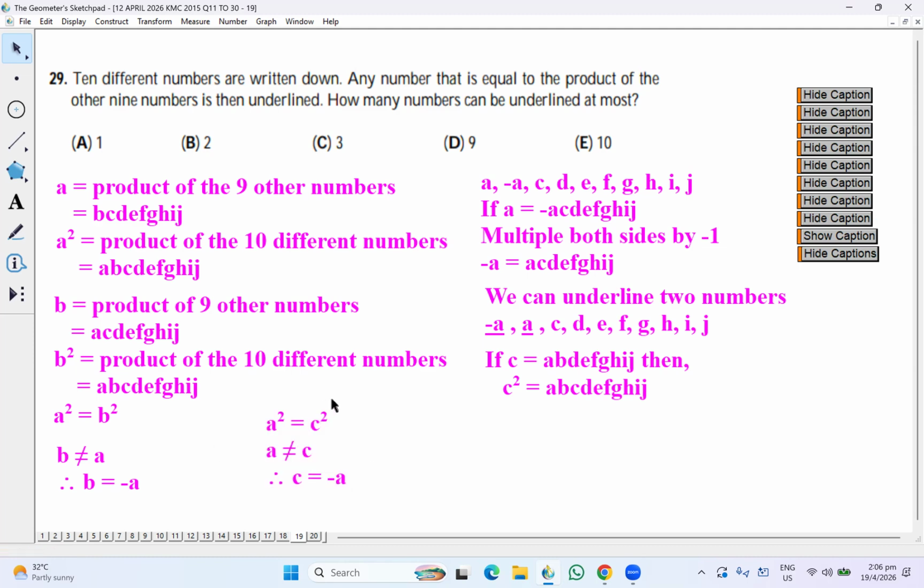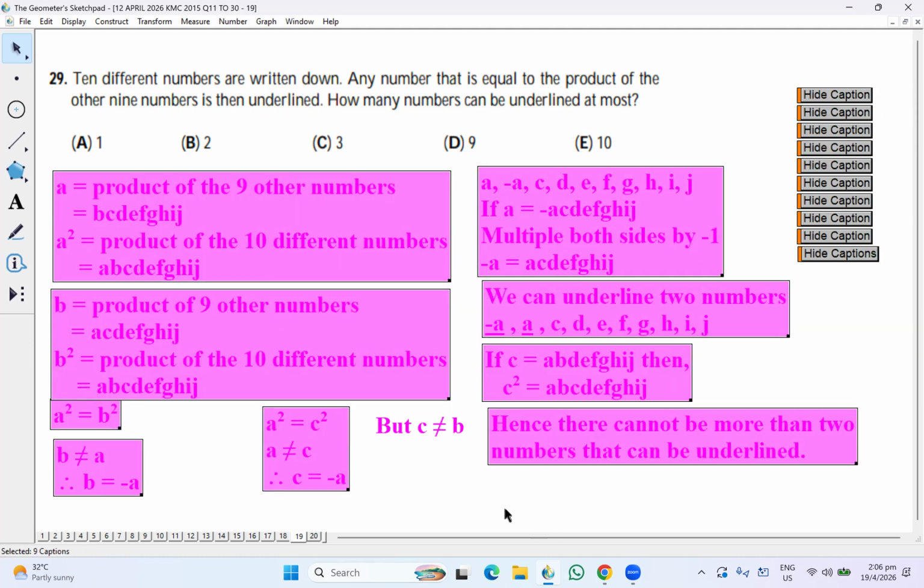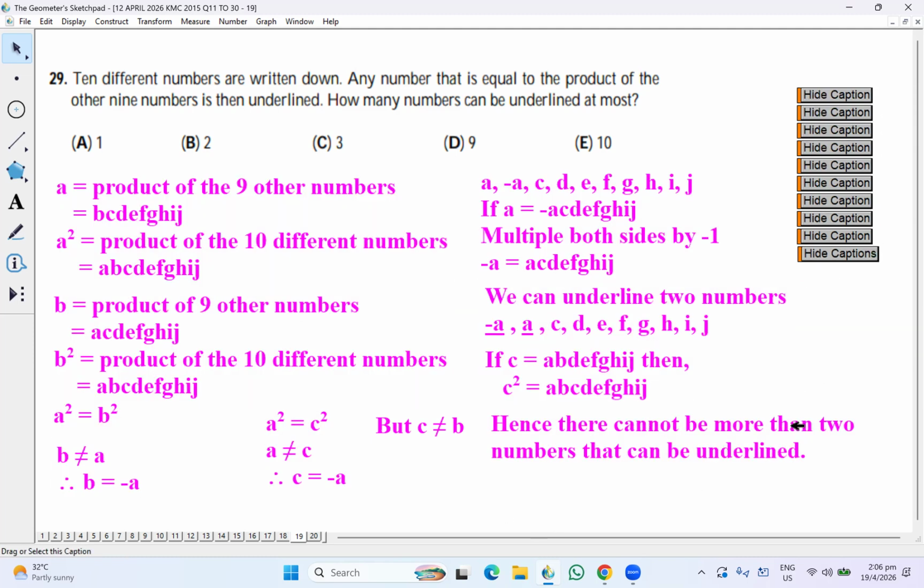The A square is C square. A is not equal to C. C is then equal to minus A. But B is also minus A. But B cannot equal C because all the 10 numbers are different. So hence there cannot be more than two numbers that can be underlined. The answer is B.